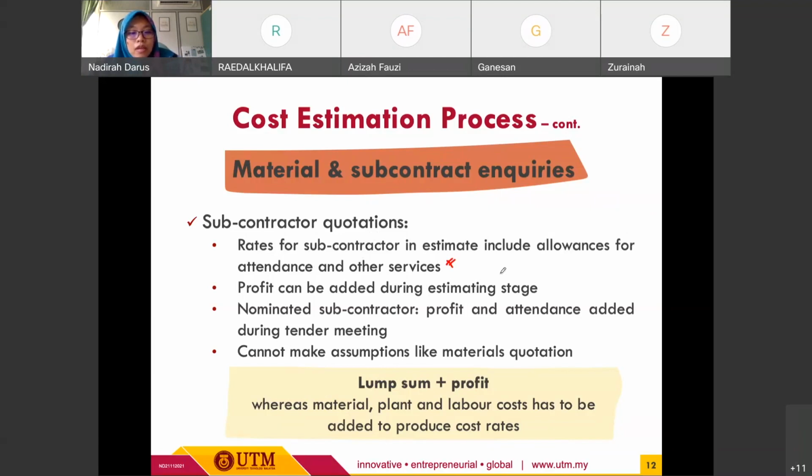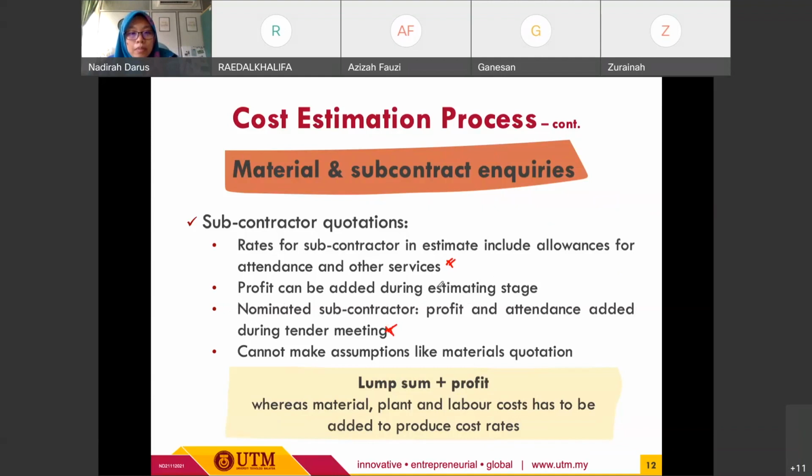For the case of a nominated subcontractor, the profit and also attendance allowance will be added during the tender meeting, meaning that this amount will be added later on.